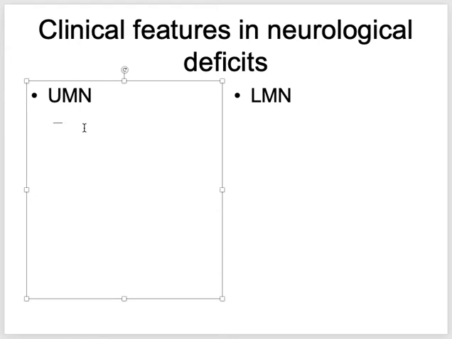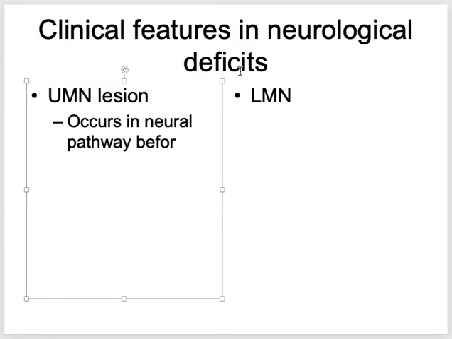So in simple words, an upper motor neuron lesion is basically anything which occurs in the neural pathway before the anterior horn cell.